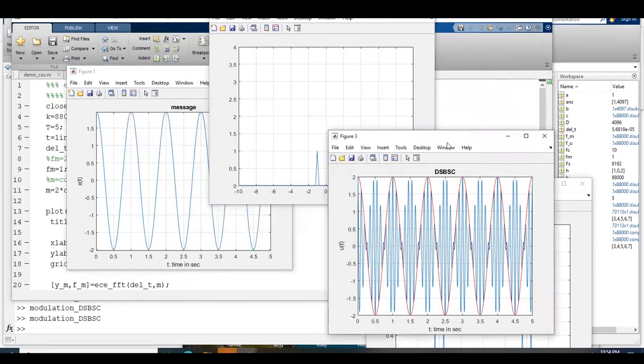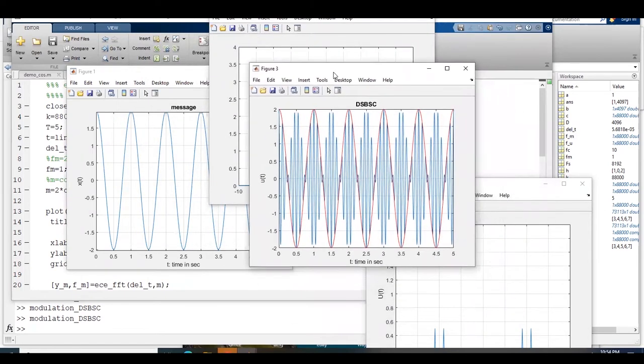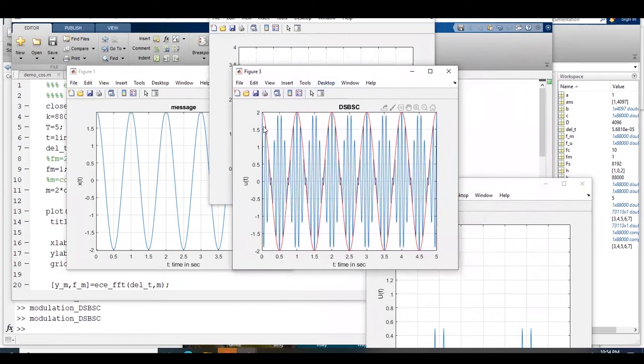After the modulation, this is what it looks like for the modulated signal. You can see here this envelope, the message signal, that's the red. You can see the magnitude of the carrier changing with the message.